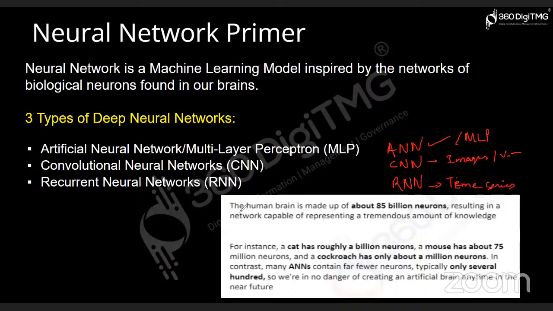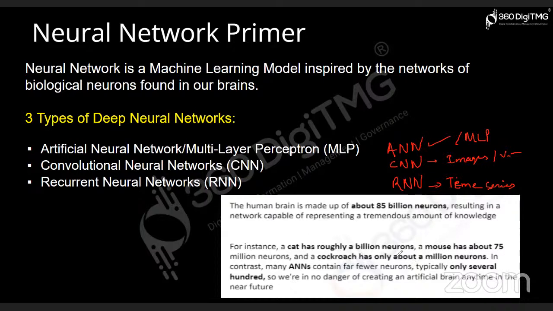Now, the human brain is made up of about 85 billion neurons. So we have a huge network capability, and we can process a tremendous amount of knowledge altogether. For instance, a cat has just about a billion neurons, a mouse about 75 million, and a cockroach about a million.